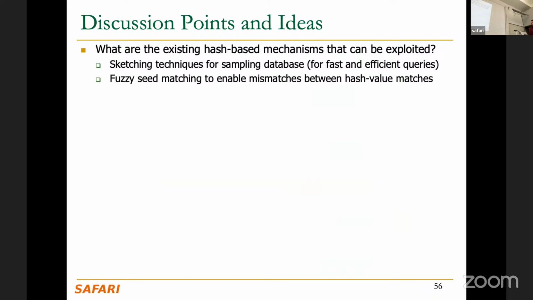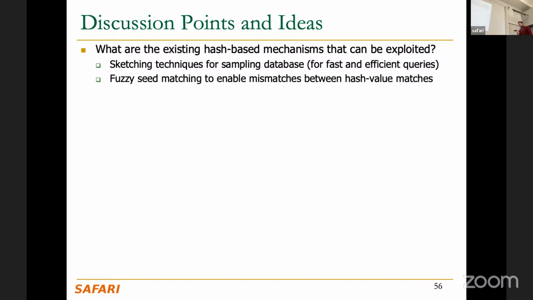We can also use the existing fuzzy seed matching techniques, right? We discussed in an earlier lecture, which enables mismatches between hash value matches, right? Usually what happens is that when you generate a hash value from a string, it is expected that if the hash function that you're using is a local hash function, then if your hash value is matching, the input to that hash function is also probably exactly matching unless you have a collision.